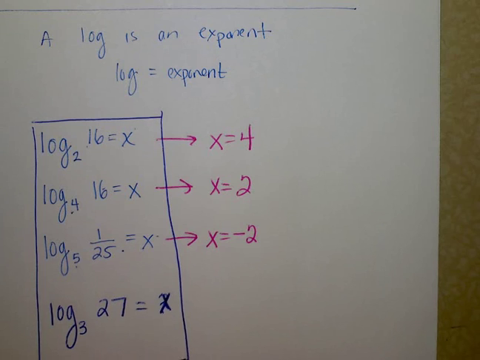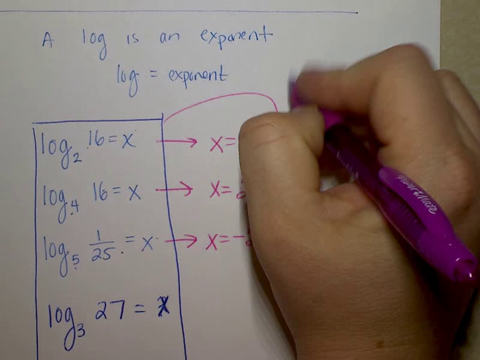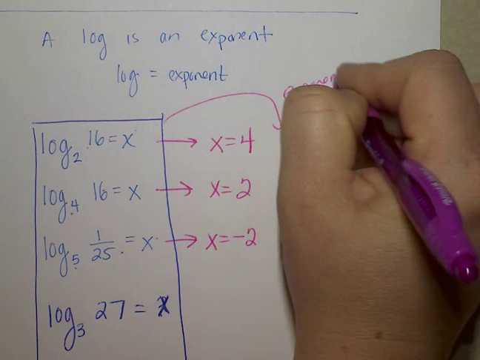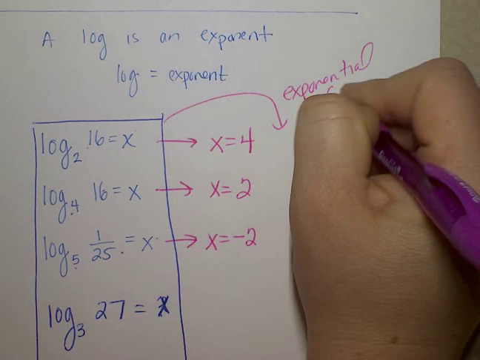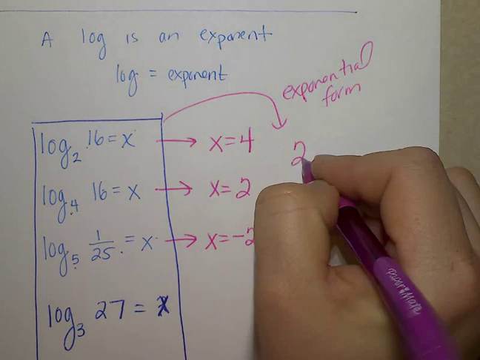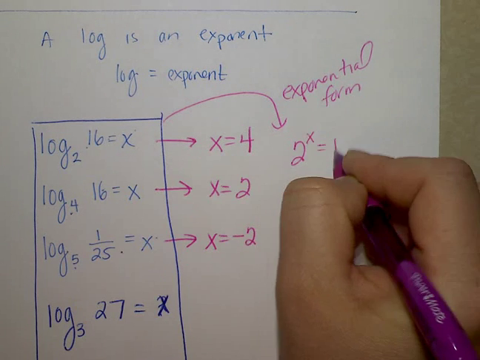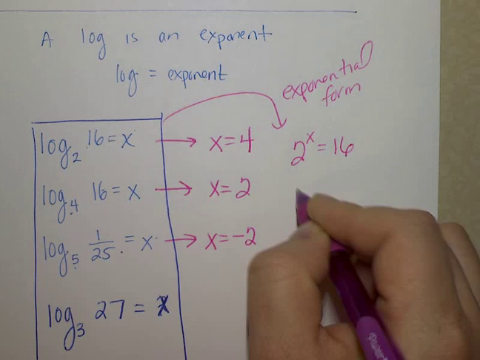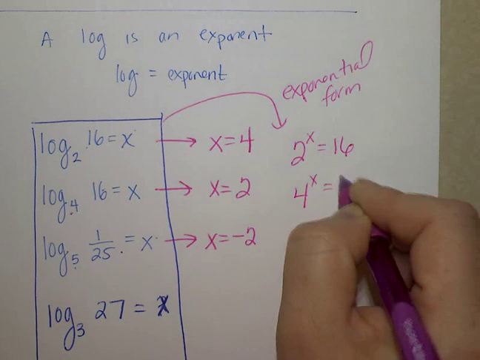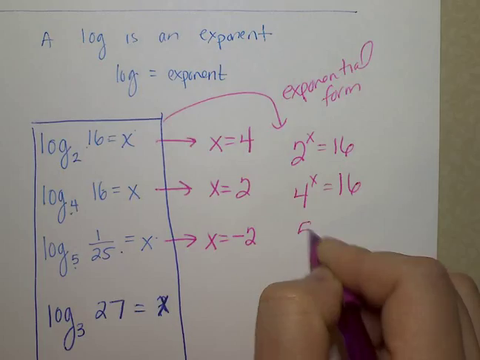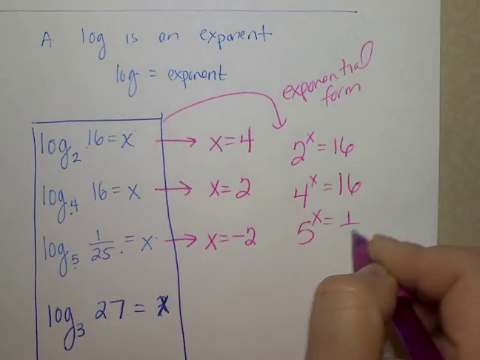The equivalent of this in exponential form is 2 raised to the x power equals 16. 4 raised to the x power equals 16. 5 raised to the x power equals 1/25.